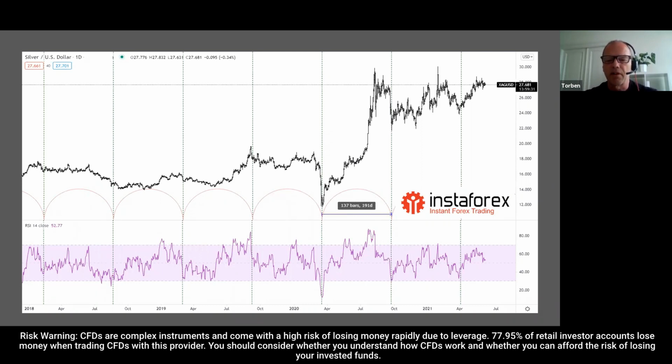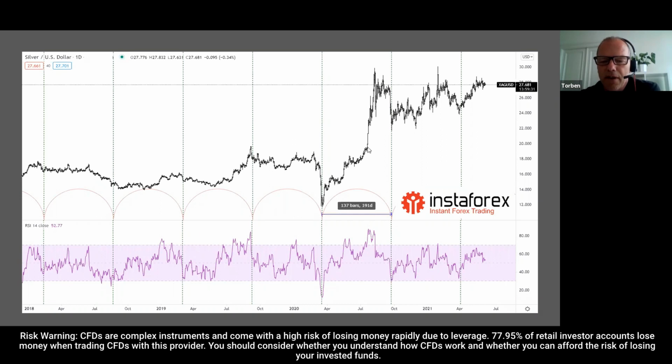If the prices peak to the left of the half cycle or to the right of the half cycle, that has consequences and helps us predict the future going on from there.